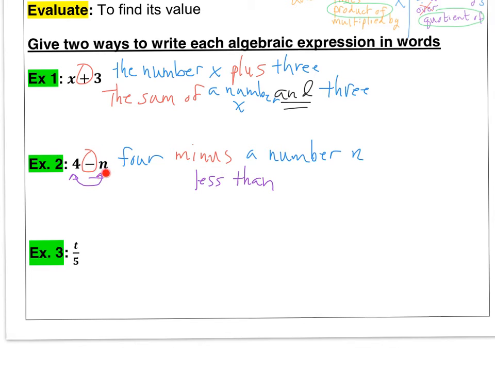We have to have the number n first and then 4. So the number n less than 4. So make sure that you study this one. I'm going to star this because it matches what we did earlier.